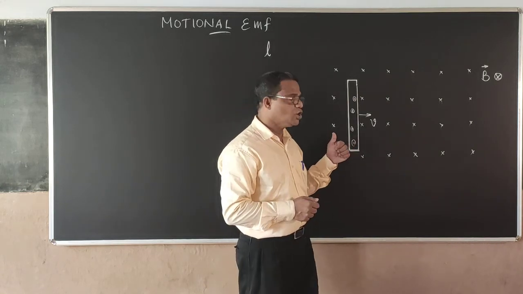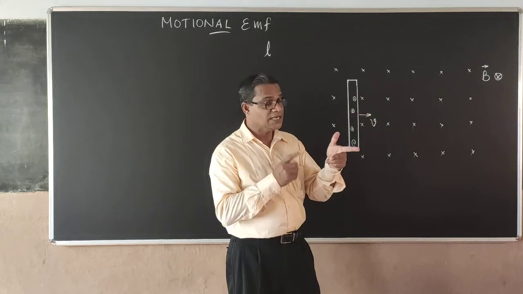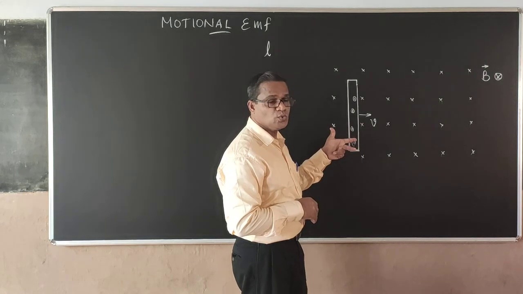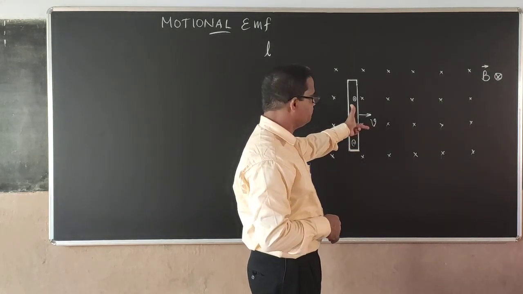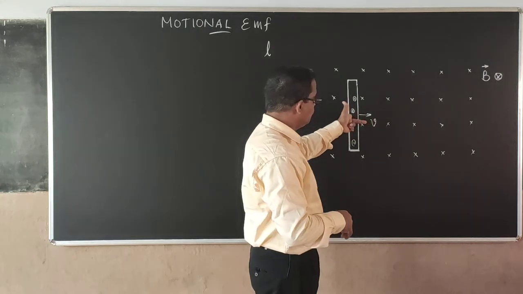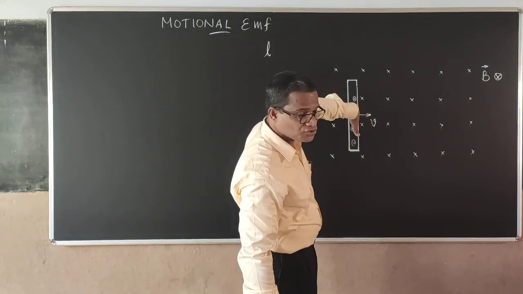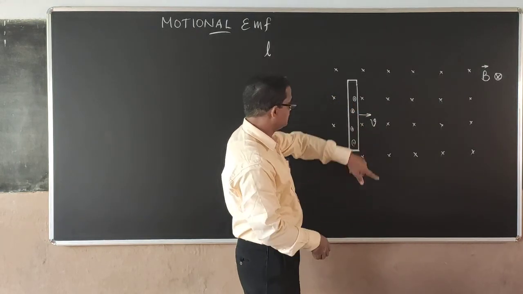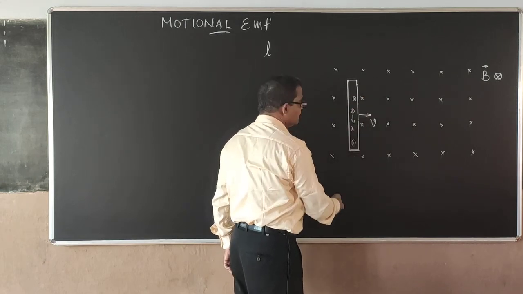That force direction is obtained by applying Fleming's left-hand rule. Applying the left-hand rule, the magnetic field is into the plane, and for the movement of a negative charge I take the opposite direction, and the force acts downward. That means the free electrons will move downward.